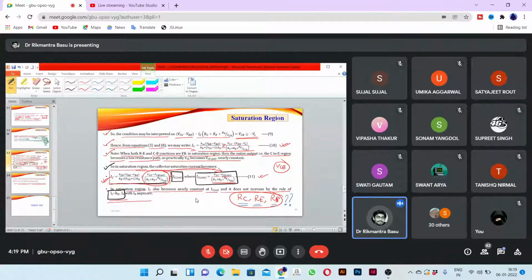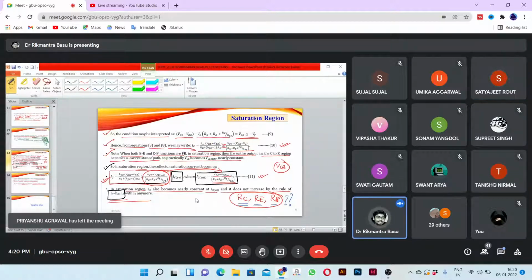RB and RE are from the base emitter junction, and RC and RE are from the collector emitter junction. Rather than finding any relationship between RB and RC, because RB is from the input side and RC is from the output side, you should find the relationship between RC and RE, which are common in the output side.